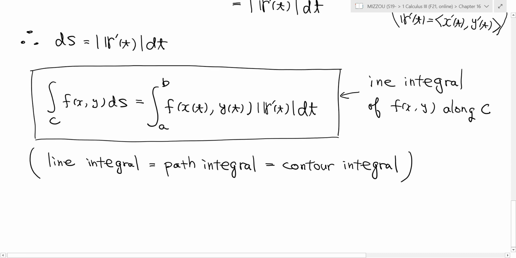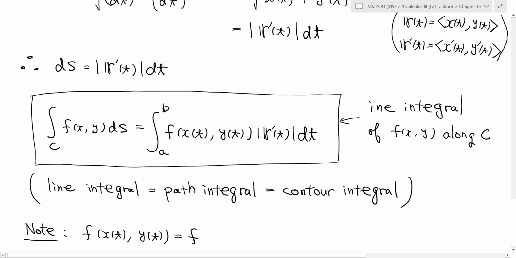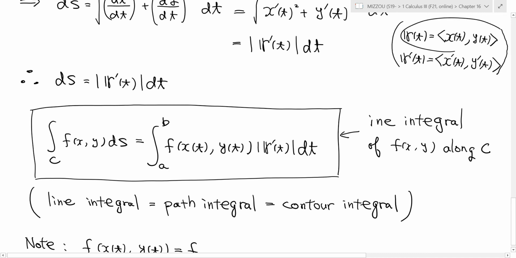And also as a notation, let me note that this thing here is often denoted this way. What you do here is basically plug x of t, y of t into the given function f of xy, which is the parameterization.